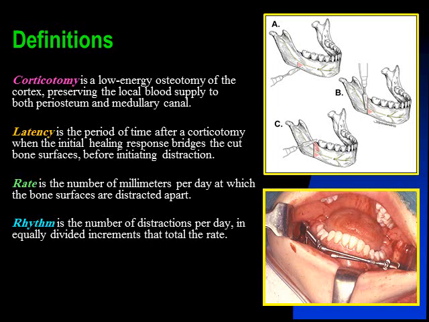This is called the rhythm. The rhythm of distraction is the number of distractions per day in equally divided increments that total the rate. That means the number of distractions performed per day is distributed, not only at once, but better twice, in which the total number will equal the rate.